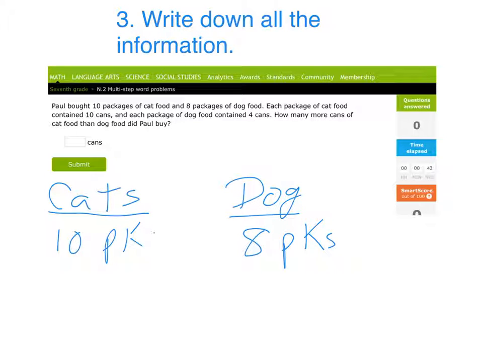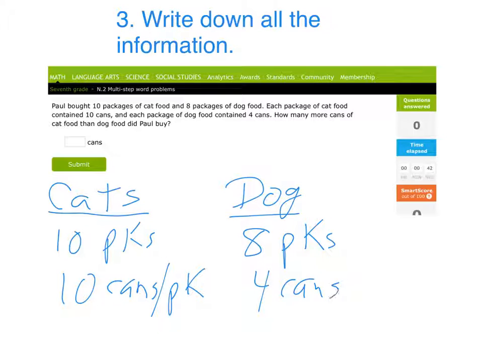It doesn't really matter how you abbreviate it. We're going to have 10 cans per pack with our cat food and only 4 cans per pack with the dog food.